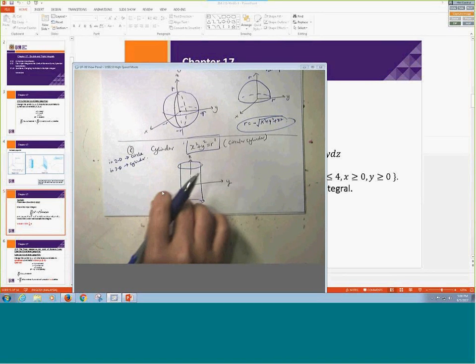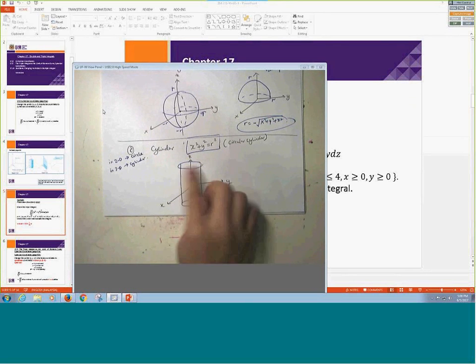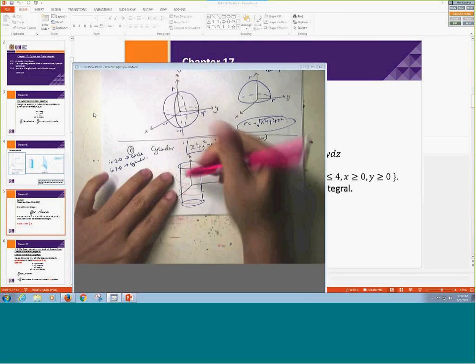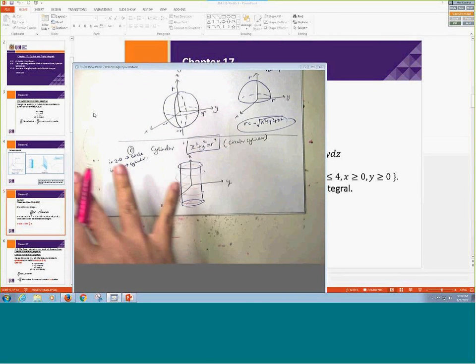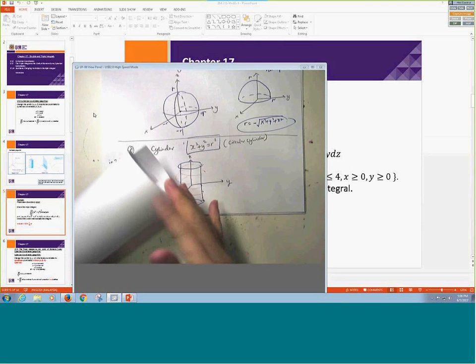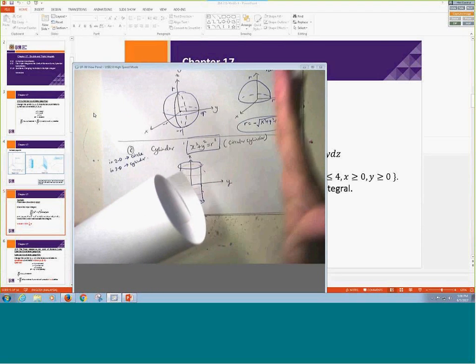So the cylinder here, if there is nothing mentioned, remember, this cylinder is actually the surface, and it is not covered. It is the cylinder without anything covering it.